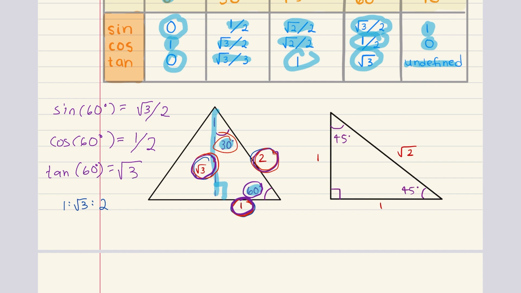Now that we've covered the 30, 60, 90 degree triangle, let's talk about the 45, 45, 90 degree triangle. This triangle is a lot more simple. It's formed by cutting a square diagonally in half, and that results in a right triangle with two equal angles of 45 degrees.